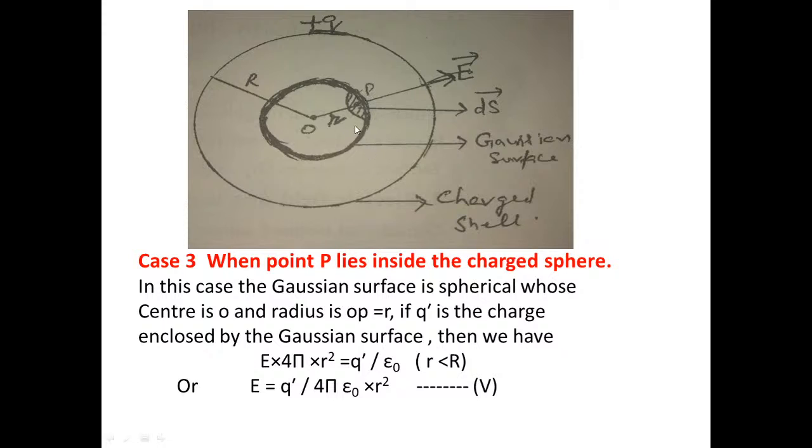If Q dash is the charge enclosed by the Gaussian surface, then we have E into 4 pi r square equal to Q dash upon epsilon naught. We applied this same Gauss law as the formula derived earlier at the start, in which E into the surface area is equal to the charge enclosed into 1 upon epsilon naught. So E into 4 pi r square is equal to Q dash.